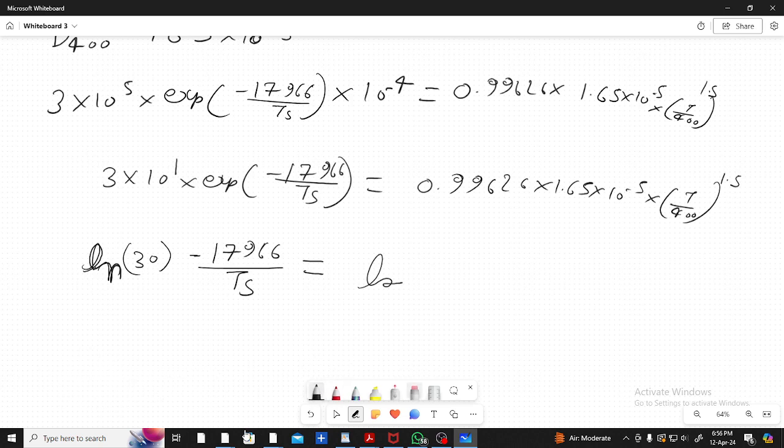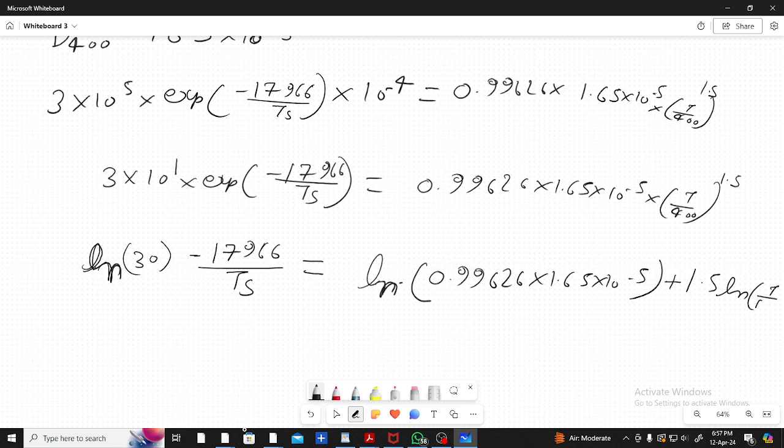This is ln. ln 0.99626 into 1.65 into 10 to the power minus 5 plus 1.5 into ln of T upon 400.